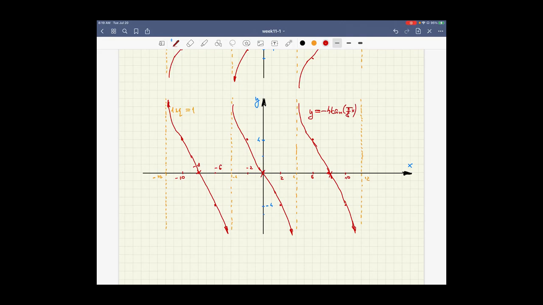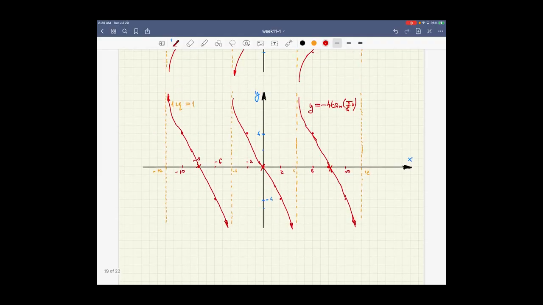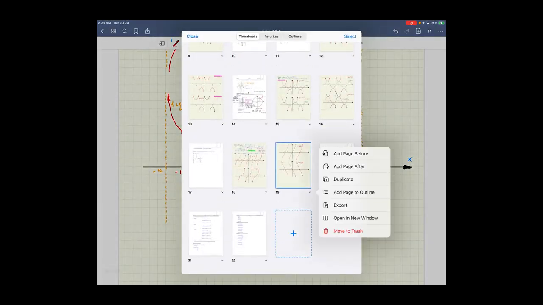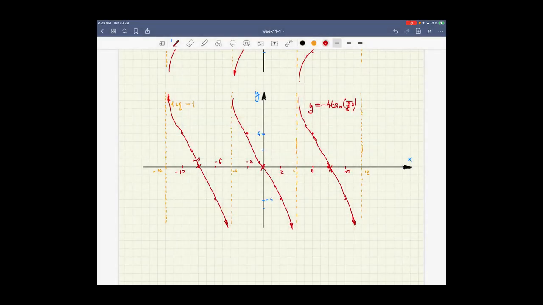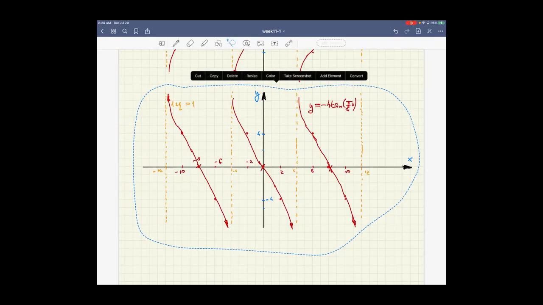And the final step is to simply shift it downward by 1 unit. So let me add another page and copy paste this onto the new page.